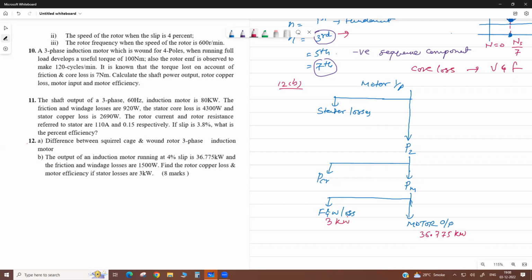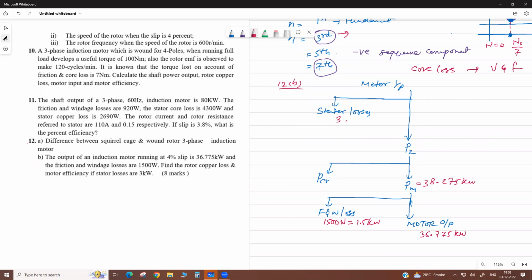So stator loss is 1500 watt, meaning 1.5 kilowatt. Then this plus this, we get the mechanical power. That is, if they add, 36.775 plus 1.5 is 38.275 kilowatt.